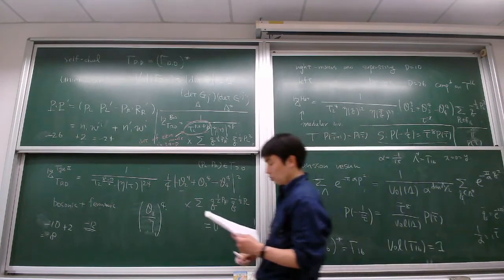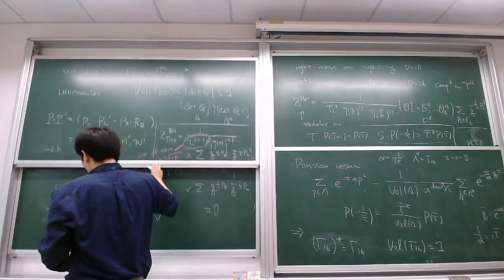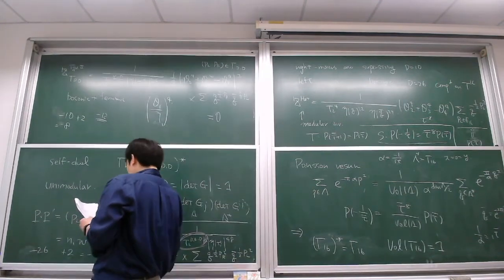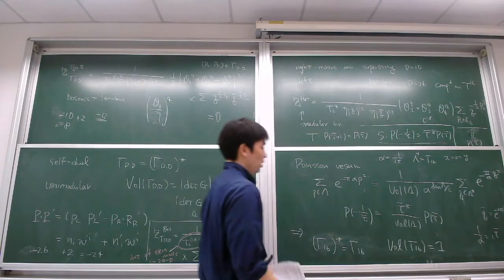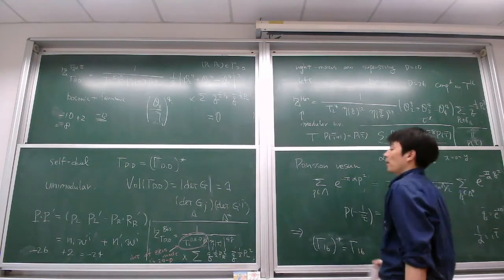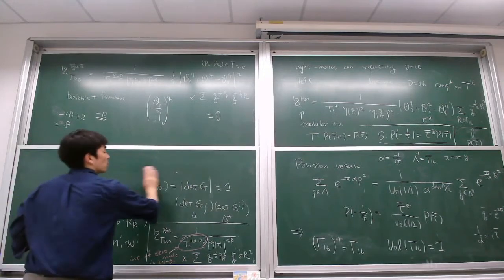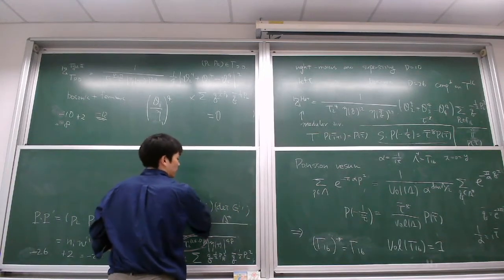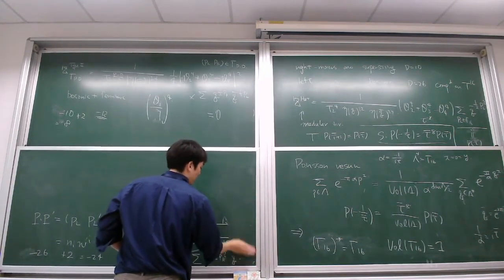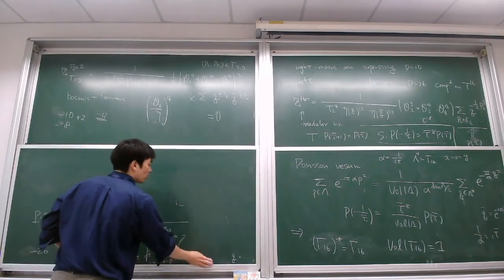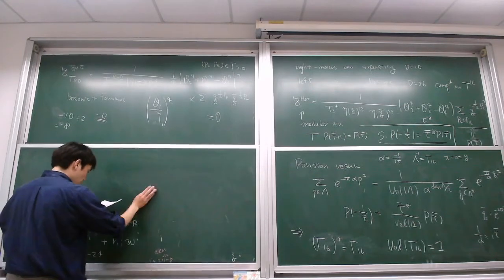That's a condition. Now for the partition function to be modular invariant, you just look at a mathematics book. What kind of lattice satisfies this condition? A 16-dimensional lattice, self-dual, and the volume is equal to 1. It's called unimodular.